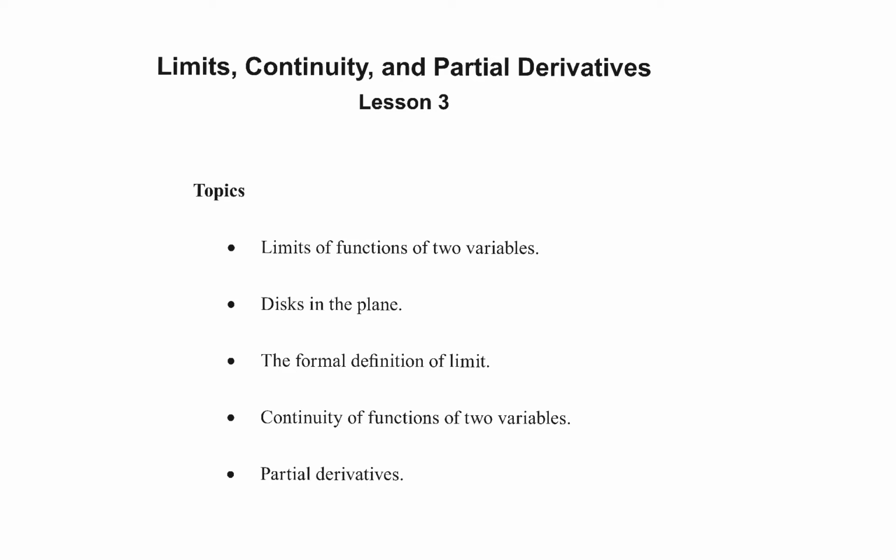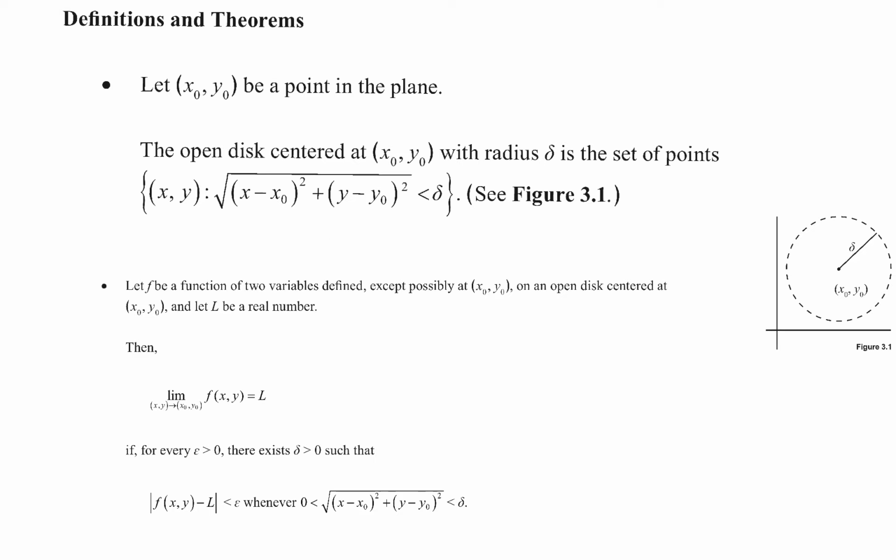We will see the formal definition of limits. We will see what it means for a function of two variables to be continuous, and we'll see the concept of partial derivative. So let's get started.